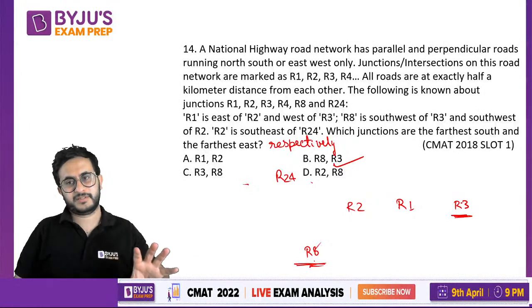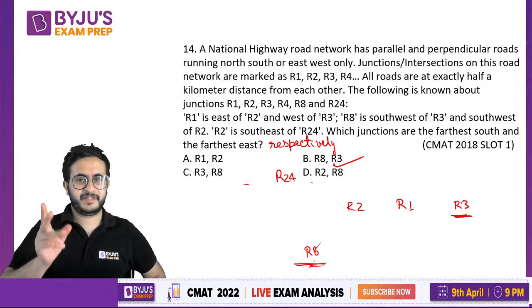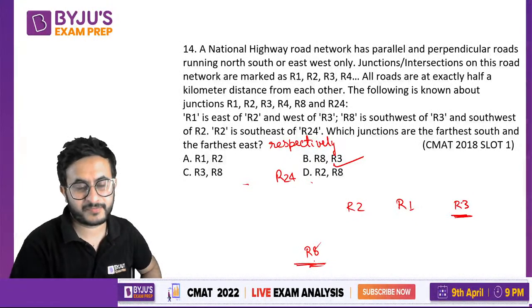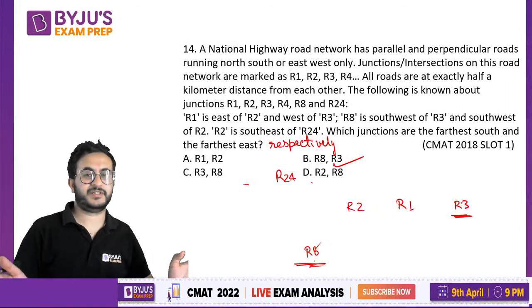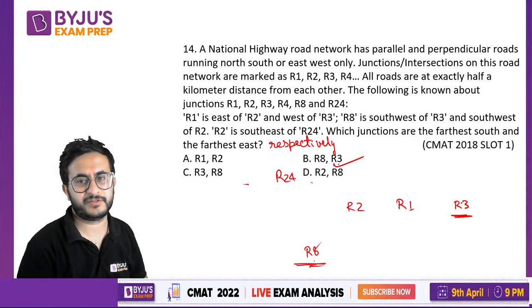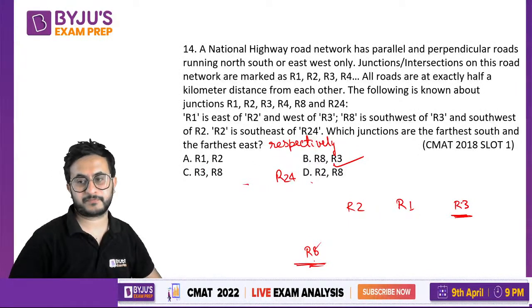So beware of this thing that CMAT will have errors. And in these minor errors with incomplete information, you have to assume it is saying respectively. Otherwise, this is also correct, right? If I ask you which are the 2 points, if not asked in order, this is also fine, but they will assume that it has to be in order.